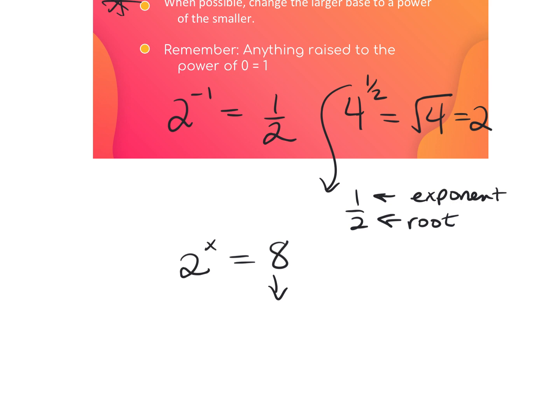I could change the 8 so it has a base of 2, and 2 to the third equals 8. And now that they both have the same base, I just set their exponents equal to each other, and x equals 3. When you're doing these problems, you can take that variable and plug it back in, and if 2 to the third doesn't equal 8, then you've done something wrong. So let's try the first example.